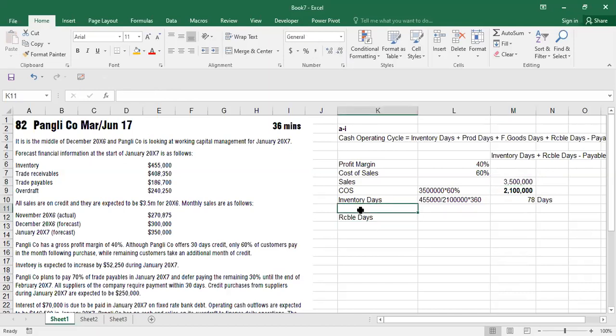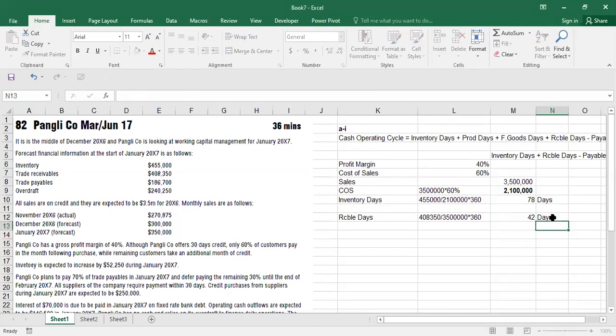So your receivables are 408,350 divided by 3.5 million. Here you don't use cost of sales. It will be done with the sales volume because receivables are coming from sales. So we put it here and it is 42 point something. I call it my receivable days.